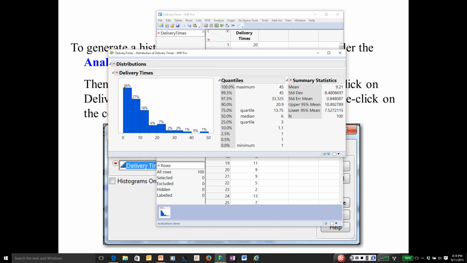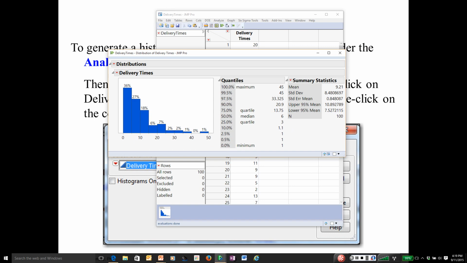Okay, so as we said, 36 of them were 0 to 5, 27% 5 to 10, and 18% 10 to 15. So you can see, let's see, 18, 27, that would be 45, 36, about 80% of the observations fall in that range.